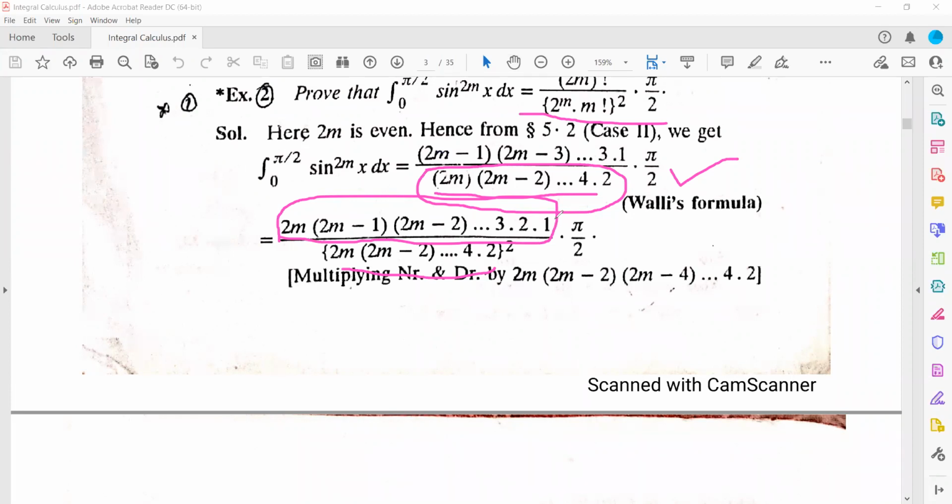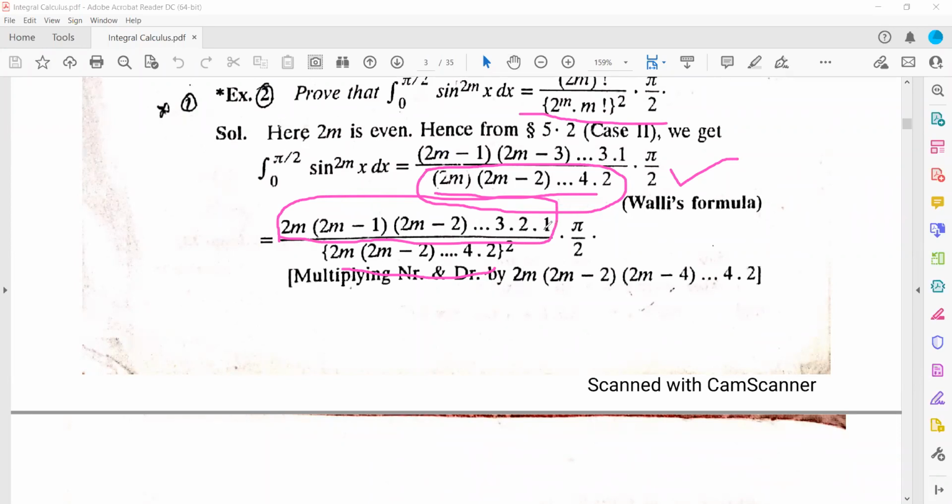Yes, sir. Now tell me the numerator part. It is 1, 2, 3, 4, 5, like this, twice m minus 2, twice m minus 1, twice m. Like if I'm writing 1 into 2 into 3 into 4 into 5, ultimately we can write factorial 5, because factorial 5 is 5 into 4 into 3 into 2 into 1.